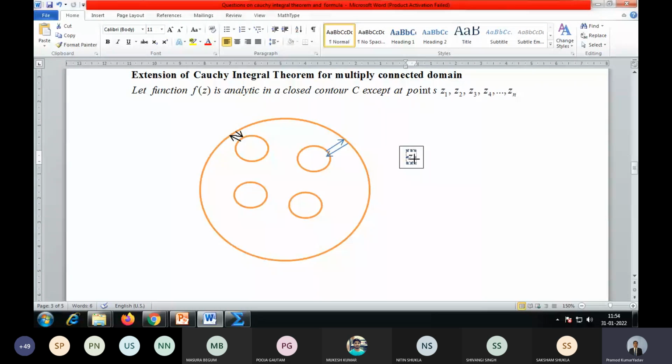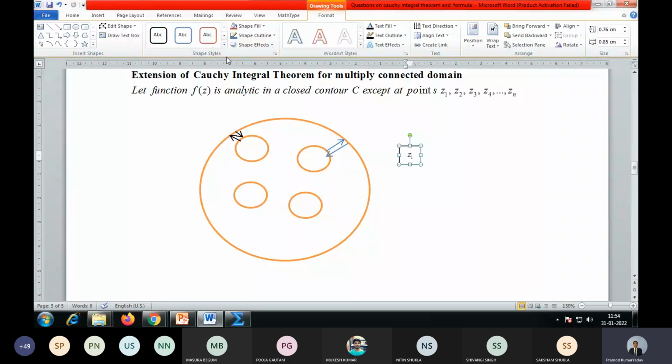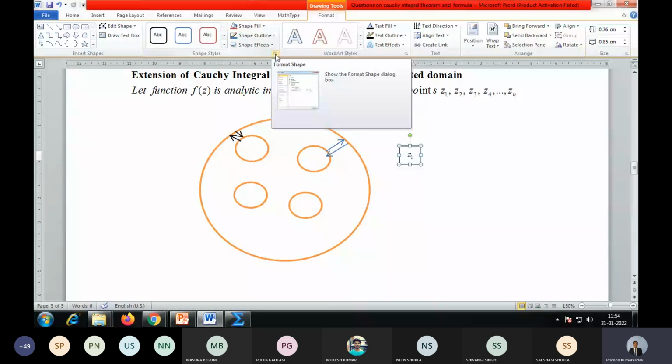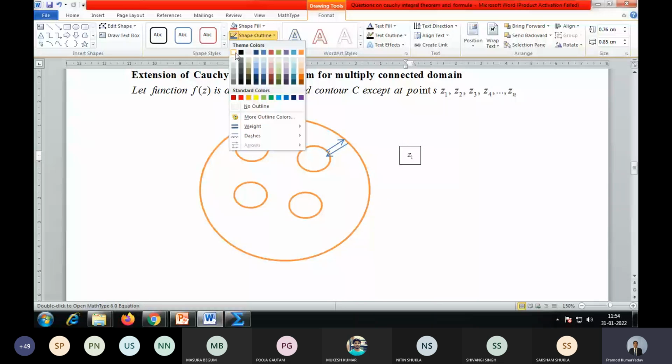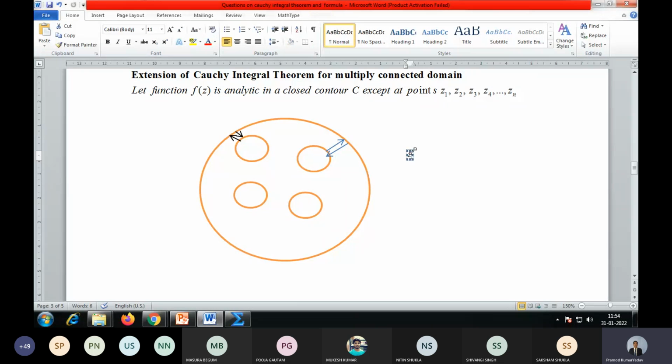So what we are going to do is put a hole in such a way that these points can be removed from that region.